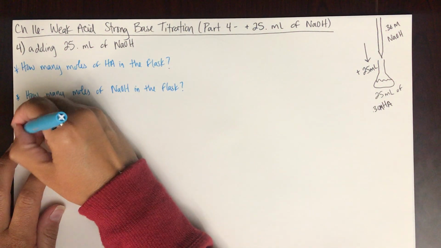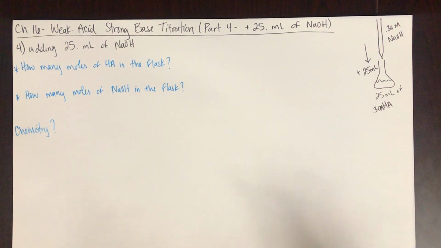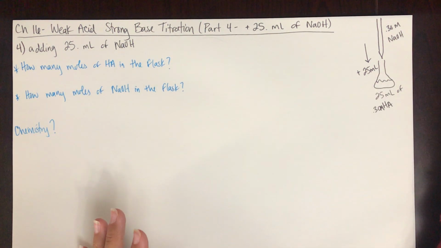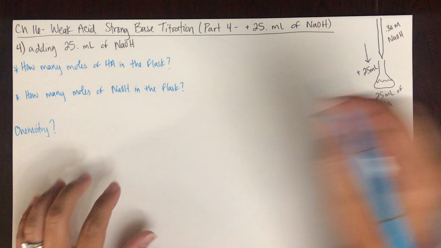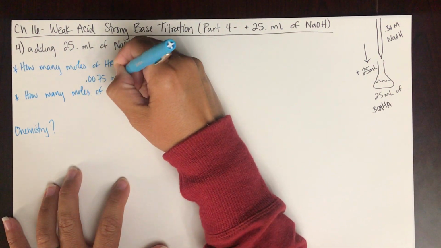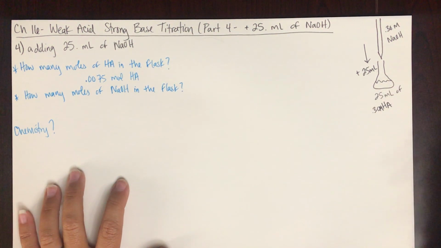And then what does this mean for the chemistry? What kind of chemistry is going to happen depending on how much of these different things we have? So the number of moles of weak acid in the flask is not changing. It's the same as step 2 and as step 3. I have 0.0075 moles of HA in this flask, 25 milliliters of a 0.3 molar solution.